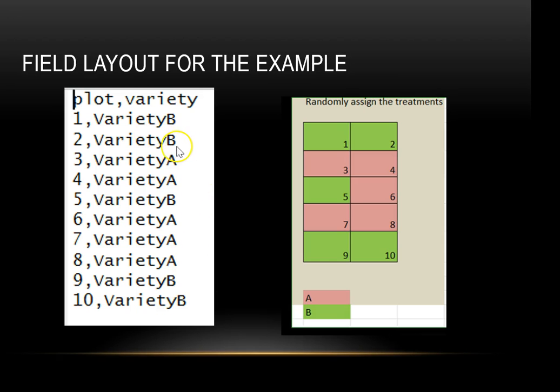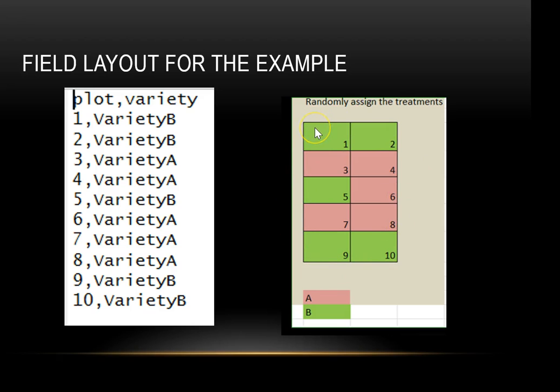So this is what we got. Here you can see very briefly, this is our plot, then our variety, and this is what it looks like. Once you've used the previous code to give you this particular randomization, you can put it onto your design, and then lay it out in the field.